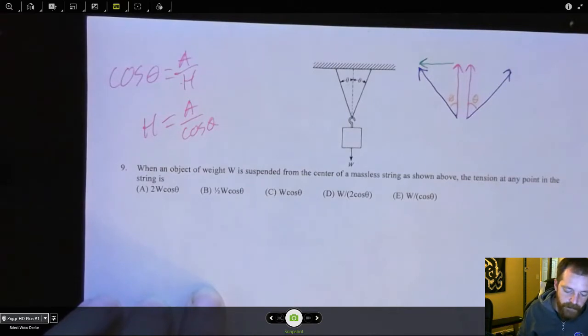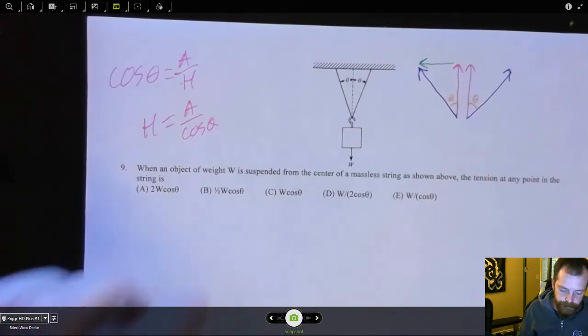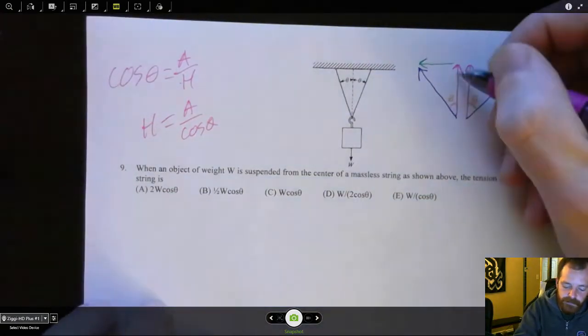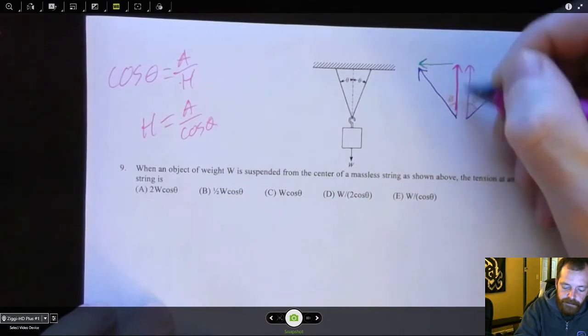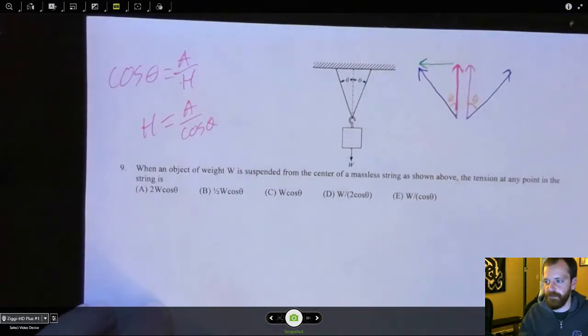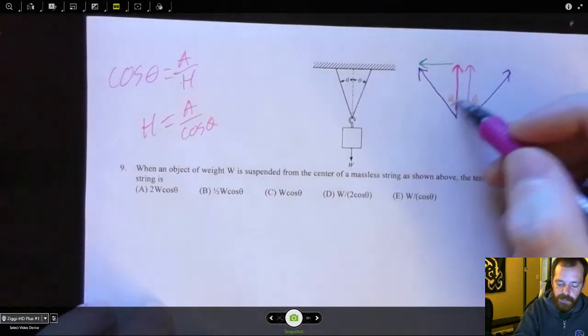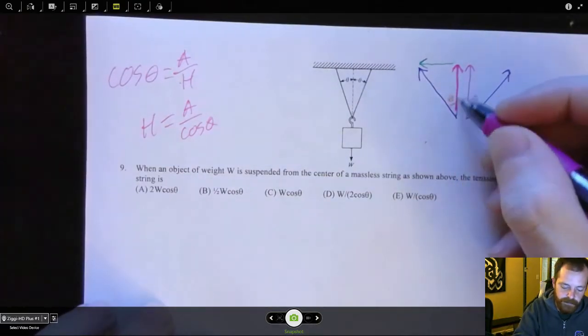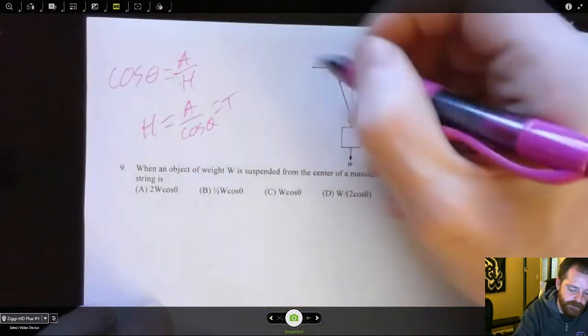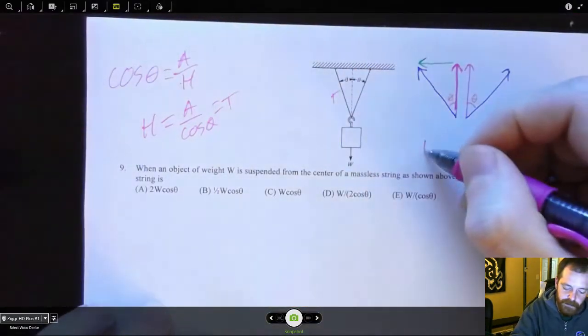Now we know here that the adjacent side is equal to half the weight, because both of these two add up. The hypotenuse is the tension force T, and we'll call the vertical part Ty.